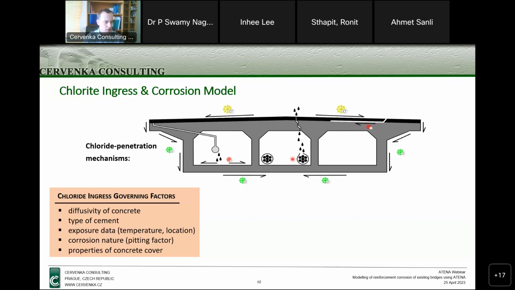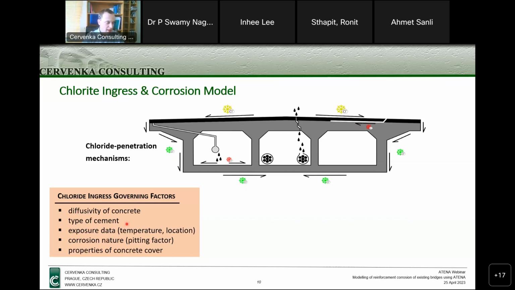Basically, the chloride ingress has several main factors. One is based from the material point of view. It depends on, let's say, how good is your concrete, because the better the concrete, the lower the diffusivity of the concrete.